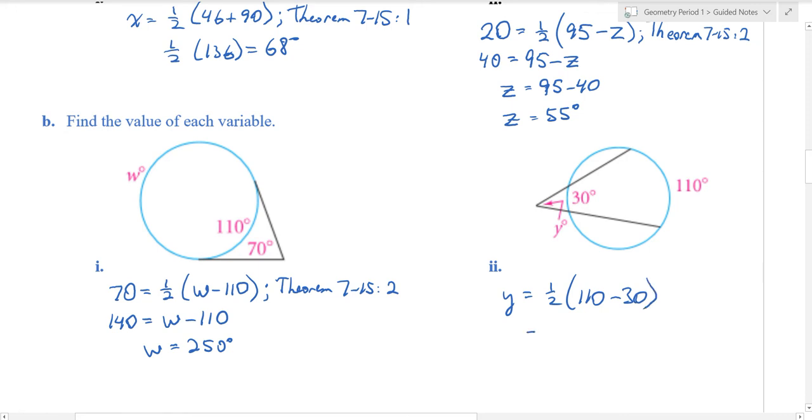Okay, so this gives me 1/2 times 80, and 1/2 of 80 happens to be 40, and that is 40 degrees because y is an angle measured in degrees, and there is that one problem. Hopefully you got the same answer that I did. All right, moving on.